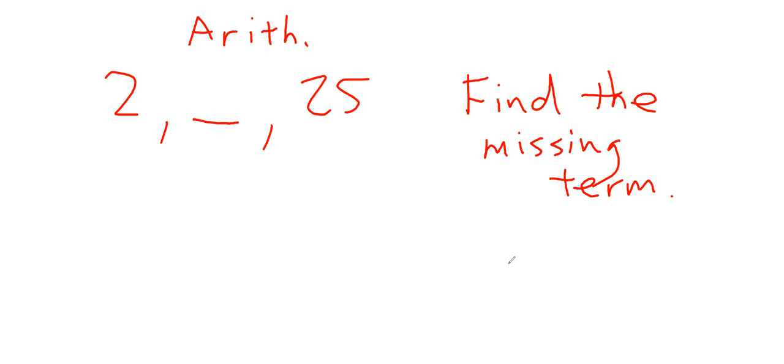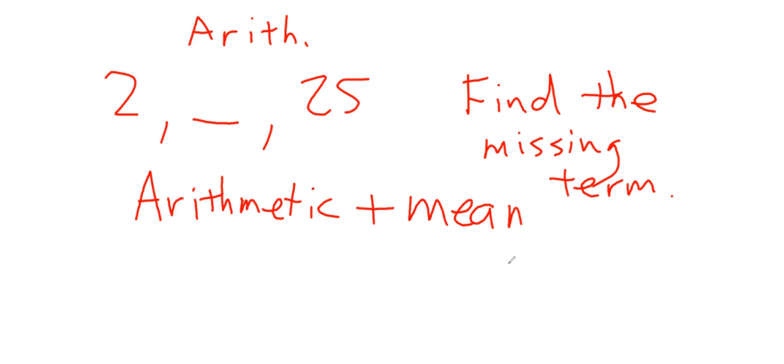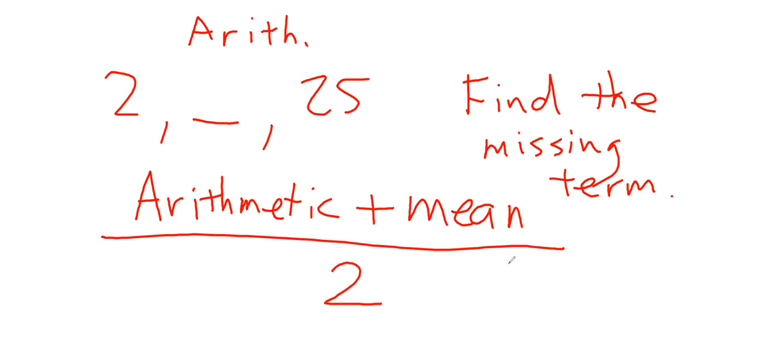So the missing term in an arithmetic sequence would be found by the arithmetic average. Right. So 50? Arithmetic mean. 50. Look at my cool equation. The missing number can't be 50 because it has to be between 2 and 25. Okay, but this is arithmetic.